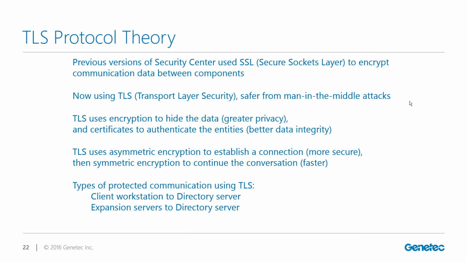As we mentioned, it's better for bulk data moving, and it's faster for that too. So we're going to take a look at that in just a second, and give you a couple examples of what TLS is actually doing. Now the type of information that's protected on Security Center when we're using TLS: the information from the client workstation to the directory server is protected, and also from expansion servers to the directory server is protected using TLS as well.